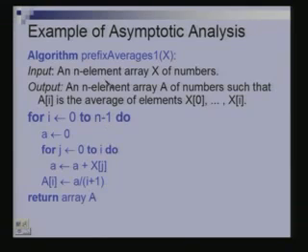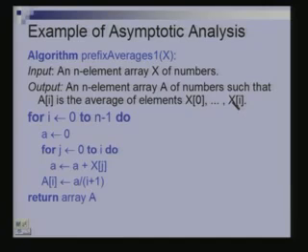Okay, so we'll do some examples of asymptotic analysis. I have a pseudocode written here. I have n numbers sitting in an array called x, and I have to output an array A in which the element A_i is the average of the numbers x0 through xi.